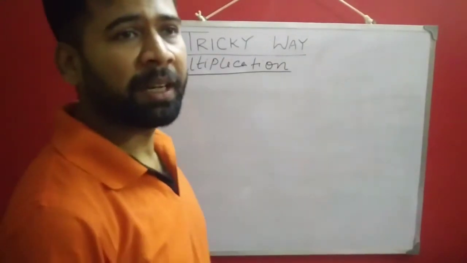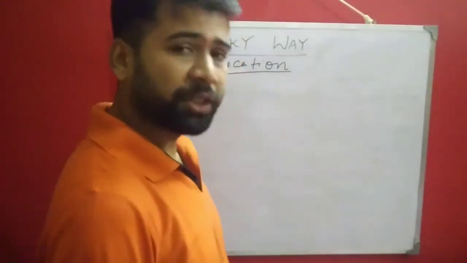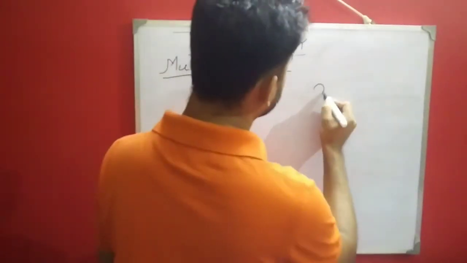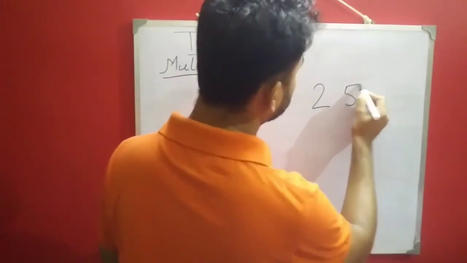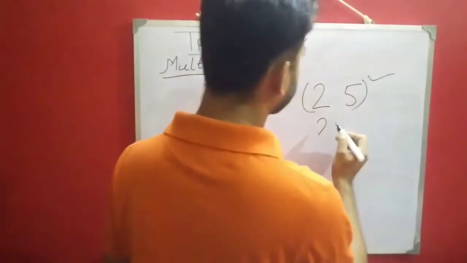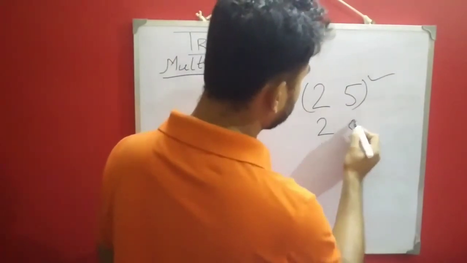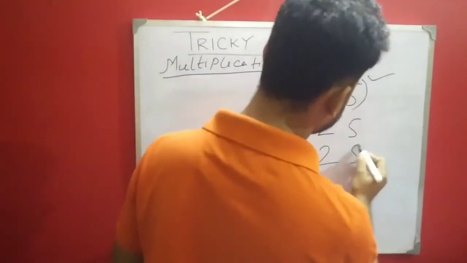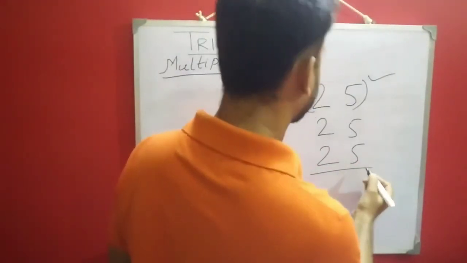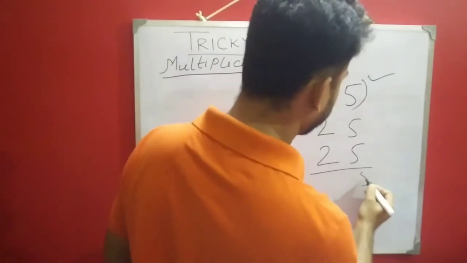We can perform the square operation by this method also, like 25 square. Write it 25. What we have to do? 5 into 5 equal to 25.